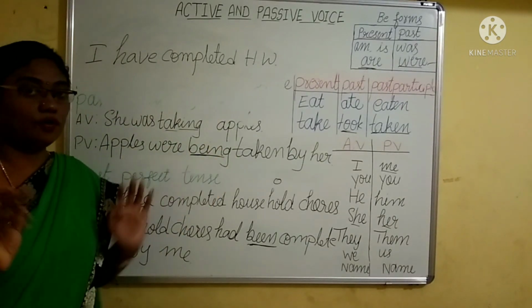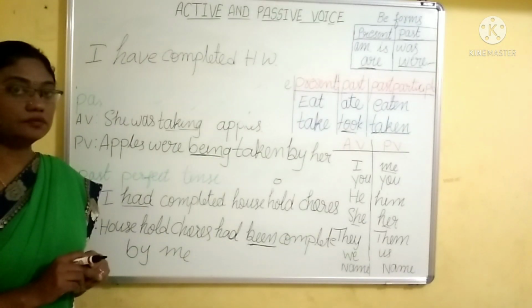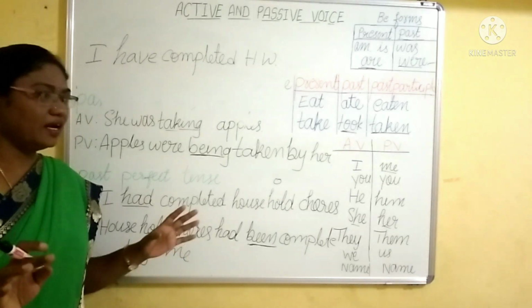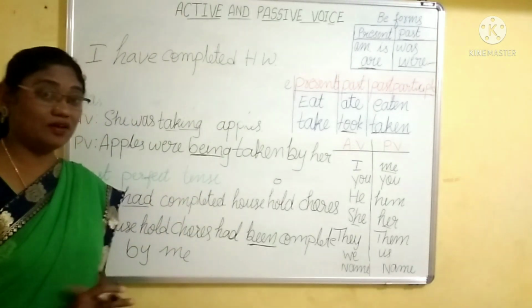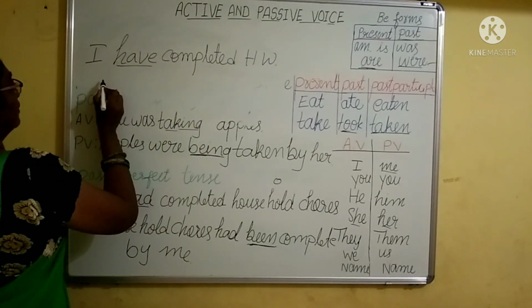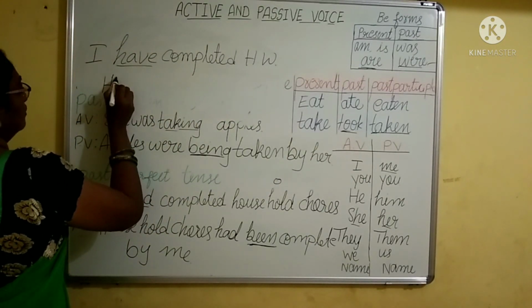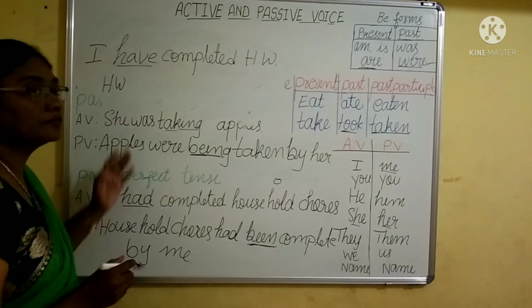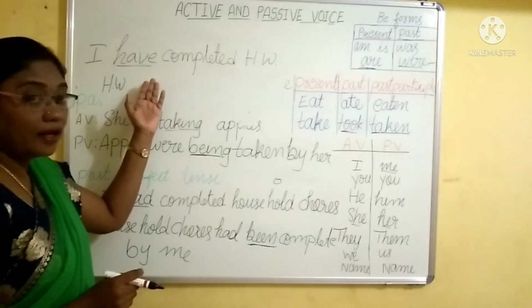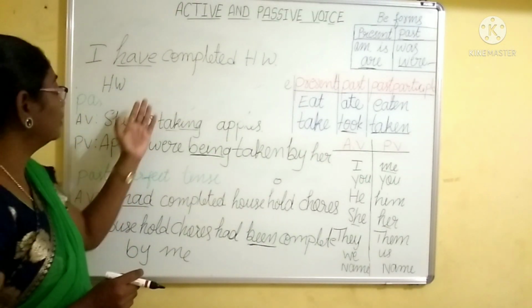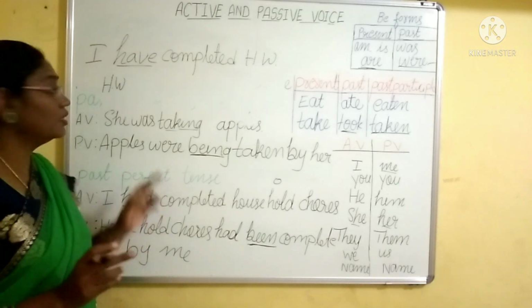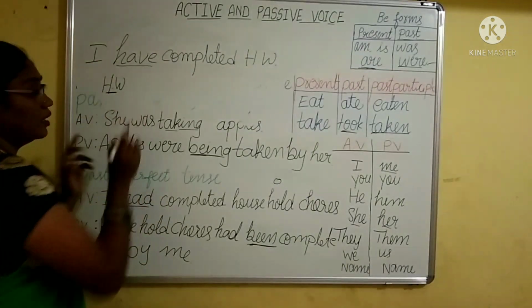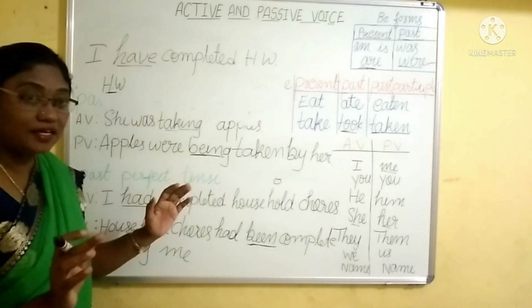I have completed homework. Very easy method. You need not know what type of sentence it is. The homework. Have is there? No. Can we write homework have? No, because you observe the subject. The subject is singular.